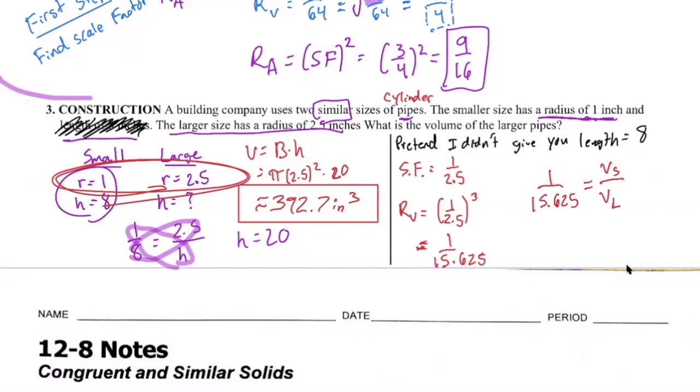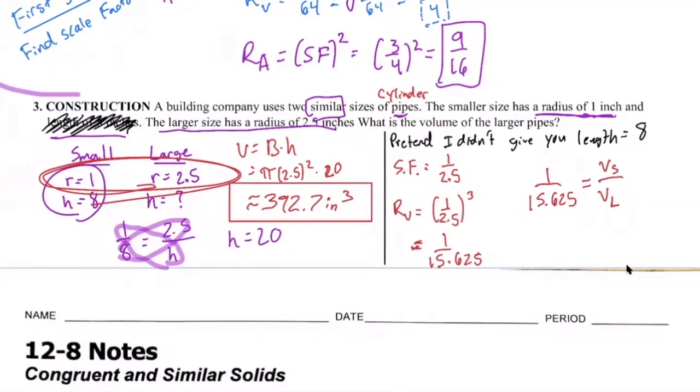Oh, actually, you need that information. If I were to say the volume of the small one, this is given, let's say it's 8 pi.